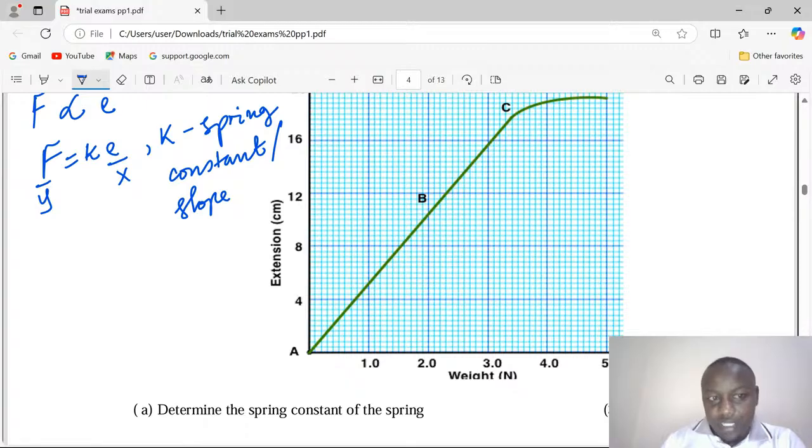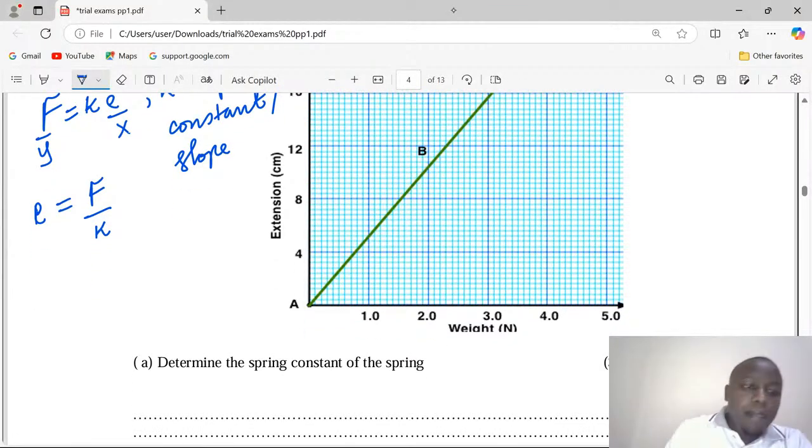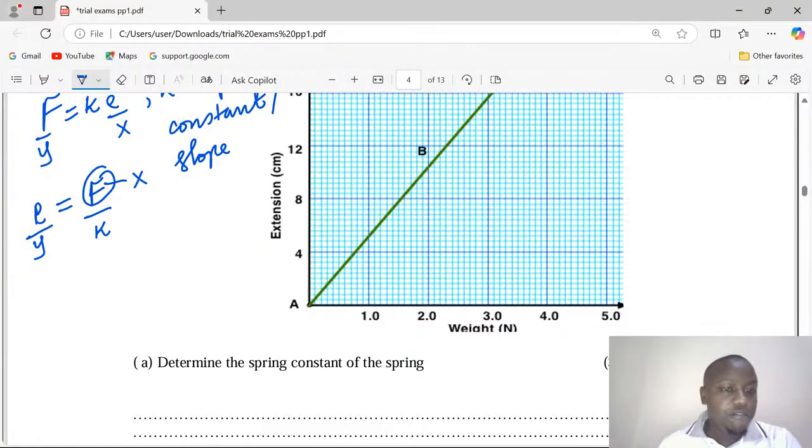So let's interchange this equation and say that extension equals force divided by the spring constant. Remember, now extension is the one on the y-axis and force is on the x-axis, which means the coefficient of force will give us the slope.